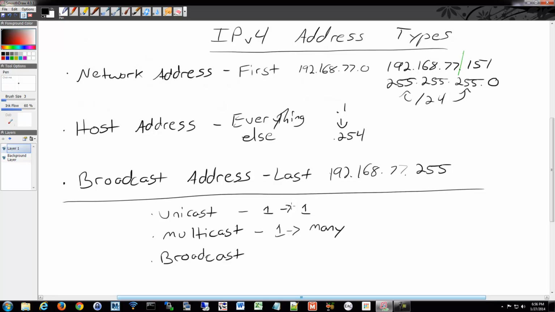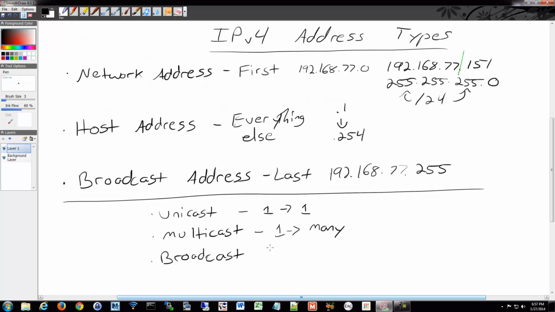But the multicast address is used for specific things such as dynamic routing protocols, or if you are doing a ghost of an image on a lab in a school or some sort of computer lab, you're trying to ghost it all and overwrite the OS, you might use a multicast address. Video conferencing might use a multicast address, things like that.